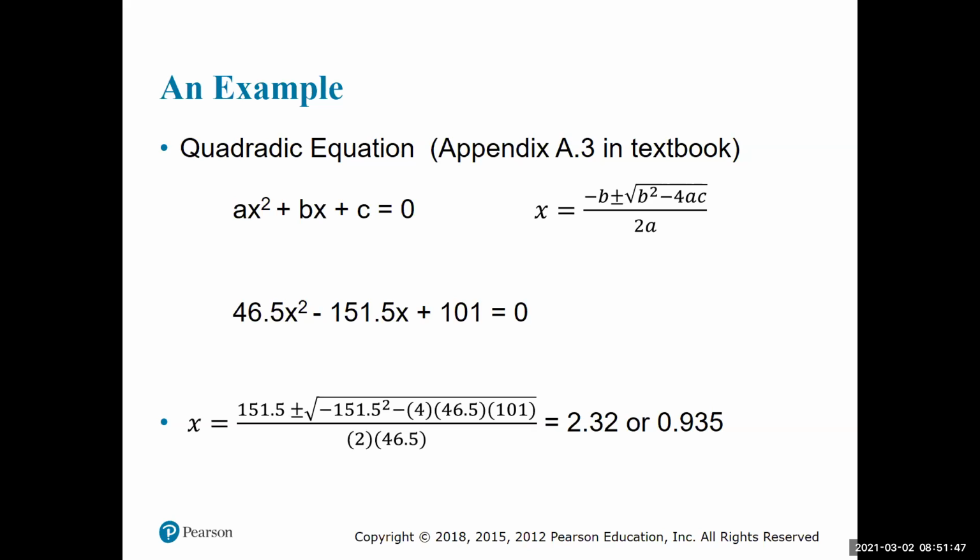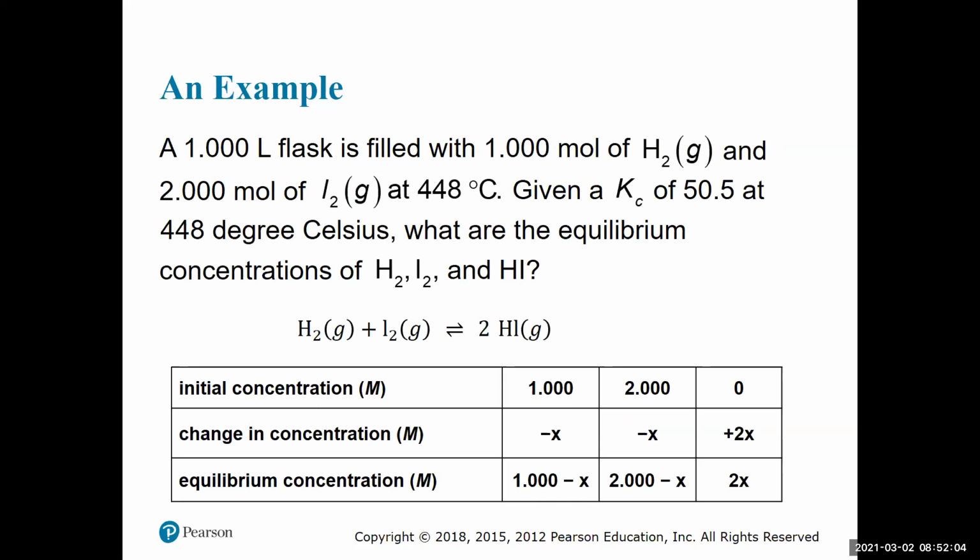Which one do you think doesn't make sense? Yeah, 2.32. Why is that? That's more than we can subtract from the concentration. Yeah, it's more than what we started with, right? So if, once again, we go back here, started with 1 for the H2 and 2 for the I2, we can't lose more than we started with, right?